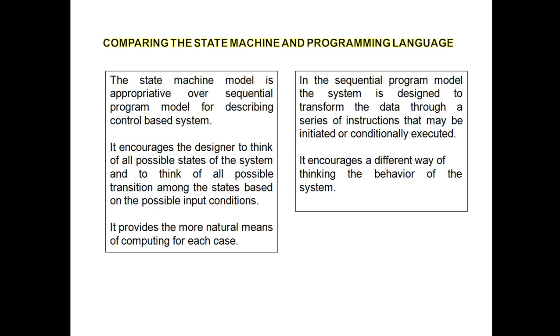It encourages a different way of thinking about the behavior of the system. So these are the basic differences between a state machine and a programming language. So let's go to the next slide.